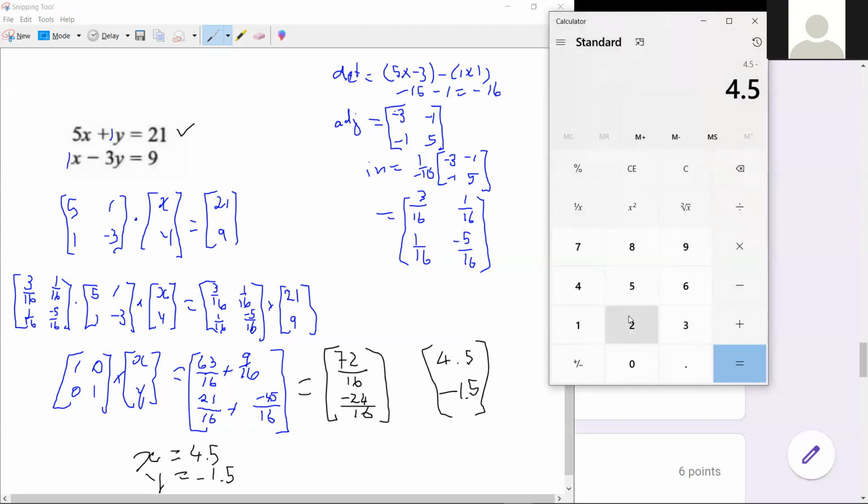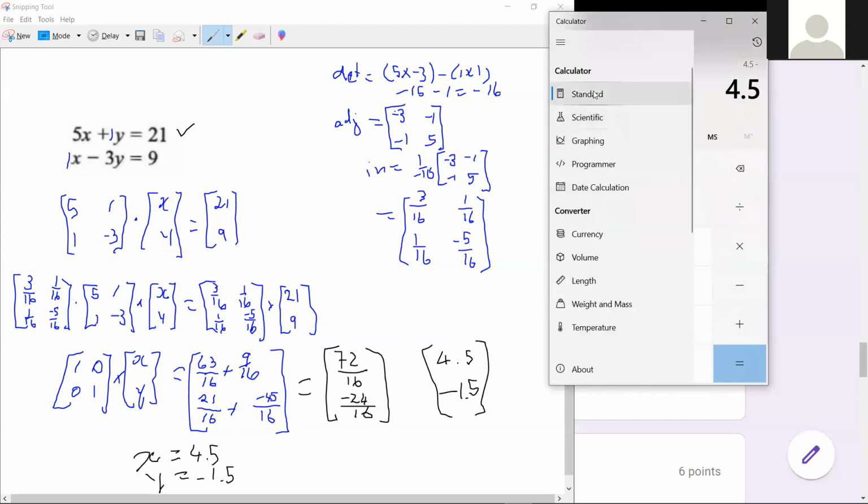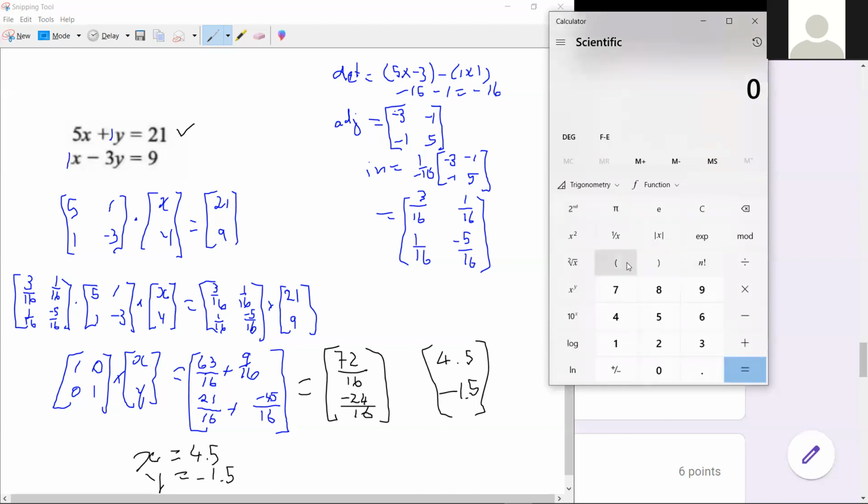So for this, I first need to put it in a scientific calculator. So I have 4.5 minus, and in brackets, we have 3 multiplied by minus 1.5, close the brackets.